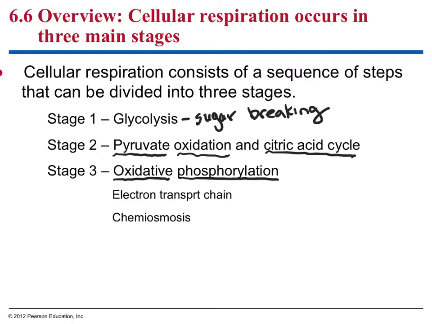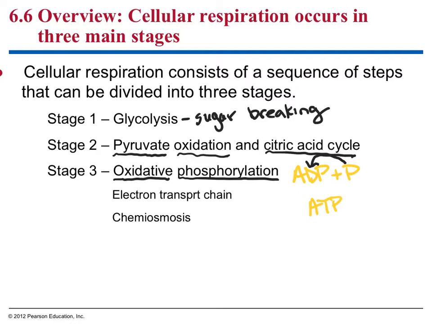Phosphorylation, remember, is that reaction where we have ADP, adenosine diphosphate, and we add a phosphate to it to make ATP. So that's what phosphorylation is. When we add a phosphate to ADP, that's phosphorylation. So oxidative, again, tells you that an oxidation reaction is occurring.